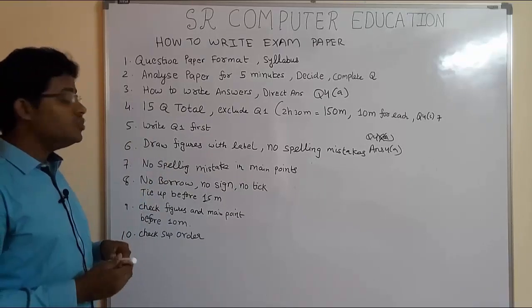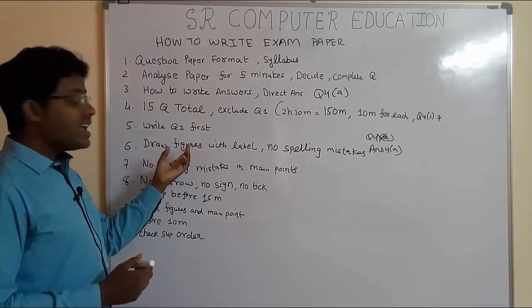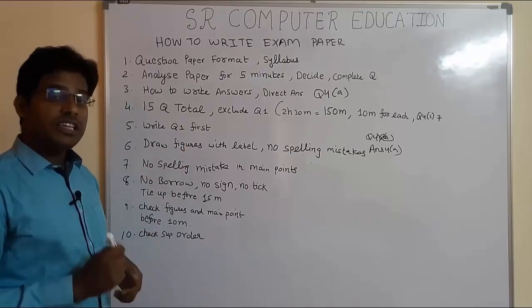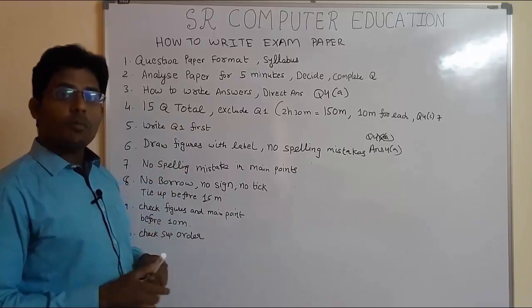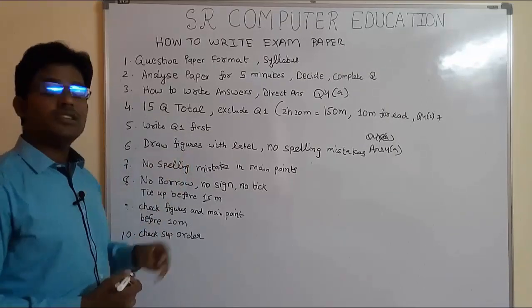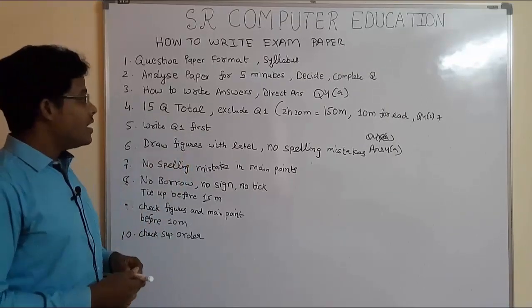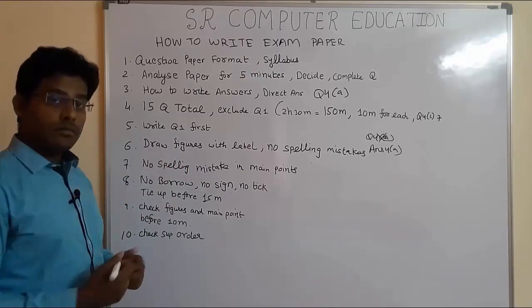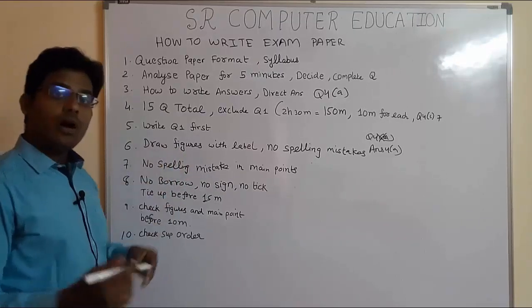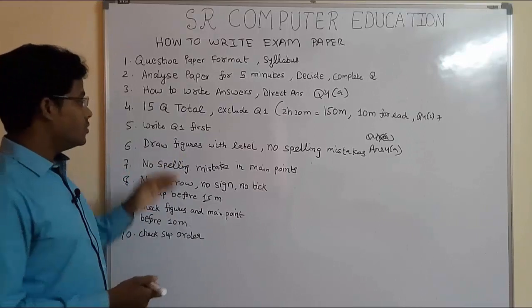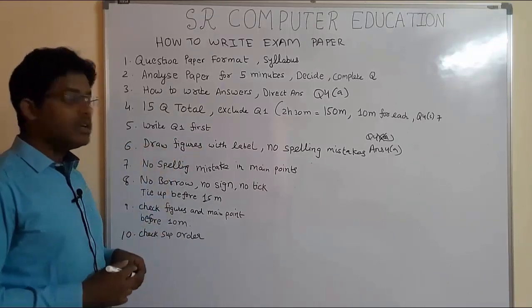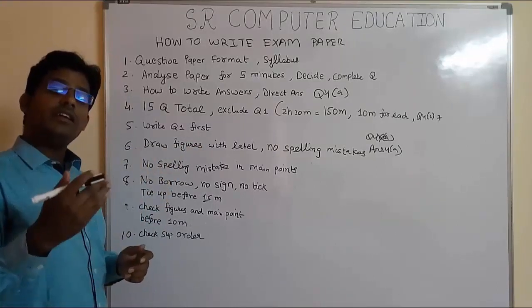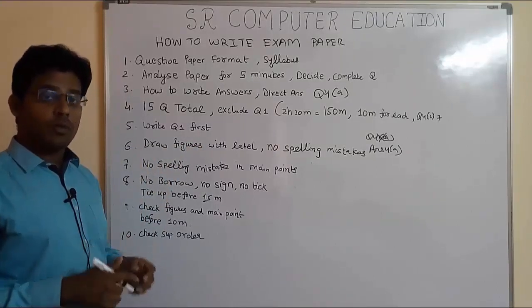The examiner is going to check your diagram or figure first for each answer, because if he knows that this figure is exactly right, he might know that you know the answer also. What students do is they do not draw the figures properly, they do not label them, and they write the description part very properly.